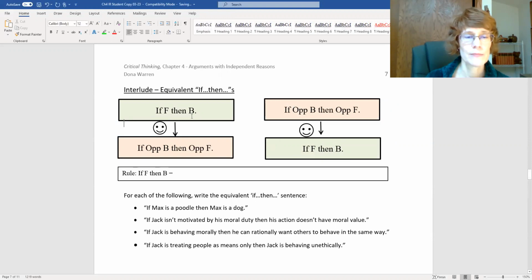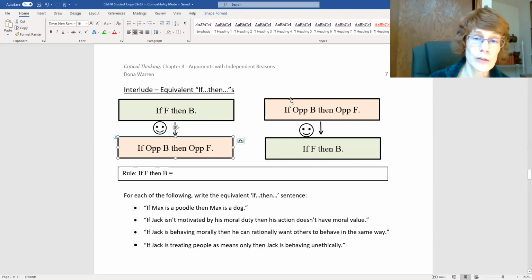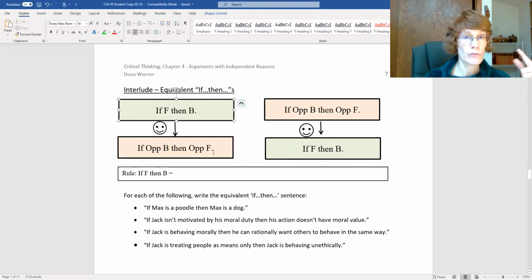Now note, the reason I have this colored green both places is to highlight that that's the same claim. And the reason that I have this colored kind of peachy or orange is because I want to highlight that that's the same claim. So what we have is, from claim 1, I can infer validly claim 2, and from claim 2, I can infer validly claim 1.